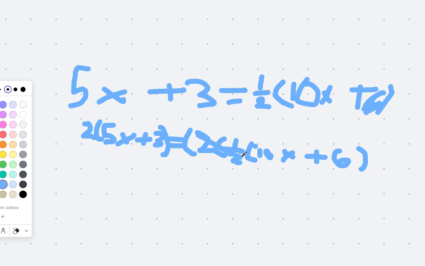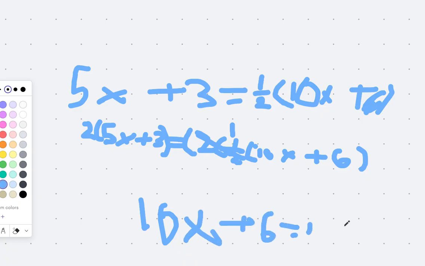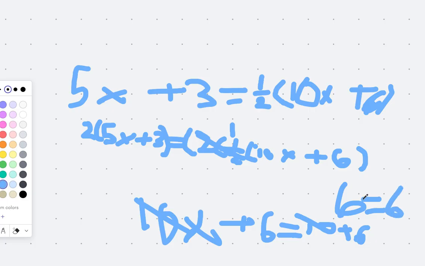So the 2 and 1/2 cancel, become 1. So this should become 10x plus 6 equal to 10x plus 6. And if you cancel the 10s out, you'll get 6 is equal to 6, which is infinitely many solutions.